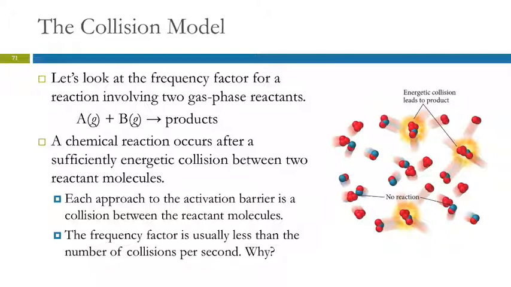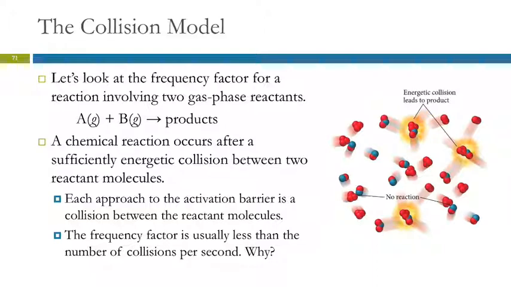So a chemical reaction between these two particles will occur after a sufficiently energetic collision between the two molecules. In order for the molecules to react, they have to come in contact with each other, right? If they're on opposite sides of the container, they can't react. So they have to come in contact with each other, and there has to be enough energy in that collision to overcome the activation energy.